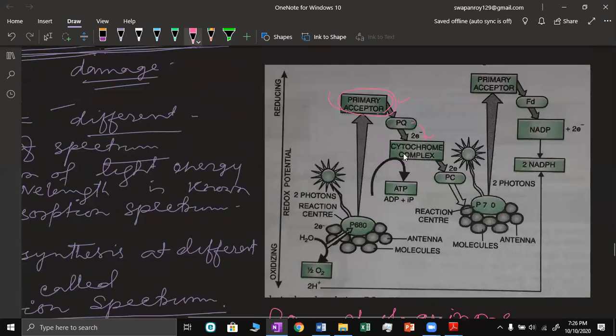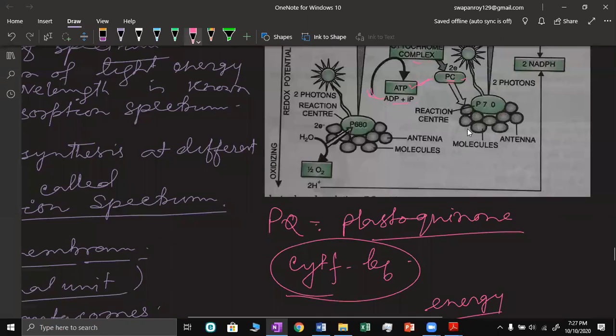And this energy is utilized for the synthesis of ATP from ADP and inorganic phosphate. Okay, ATP is synthesized. After that, from this cytochrome complex, the electron moves to plastocyanin.